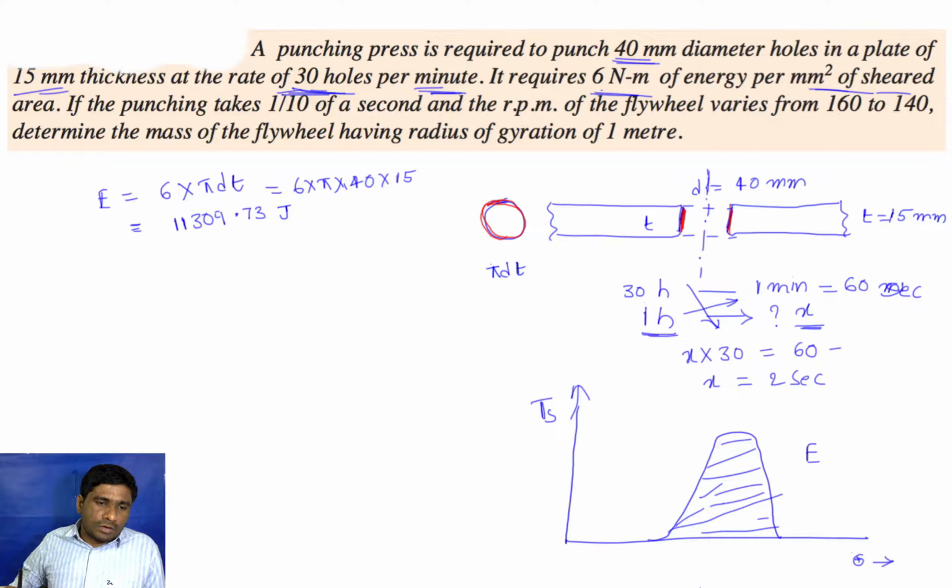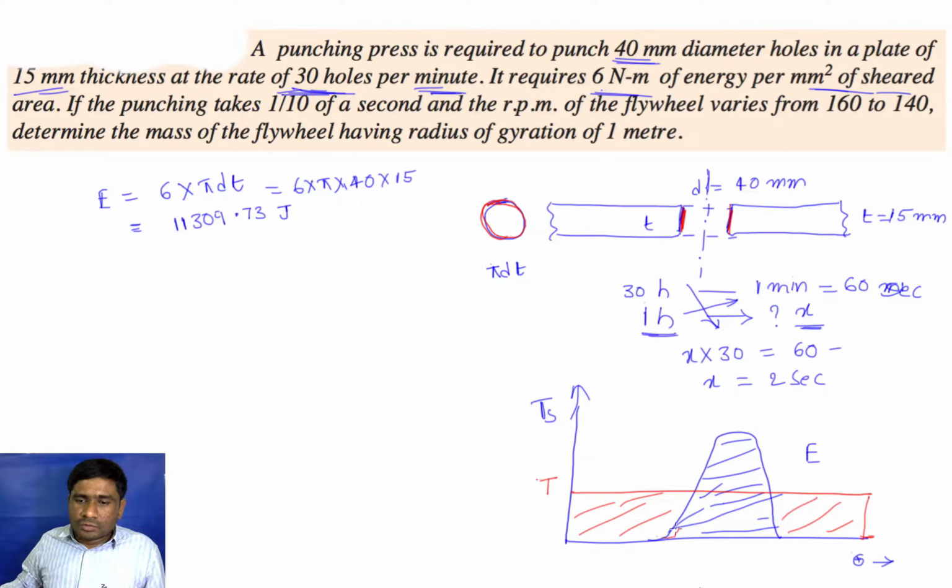But as you remember, this constant torque is provided by the motor. This is the constant torque provided by the motor, and this is the area, that is energy supplied by the motor. And let's see what else is given.